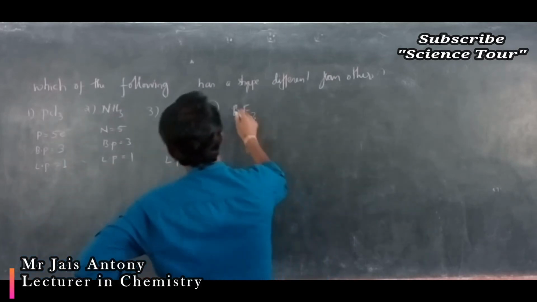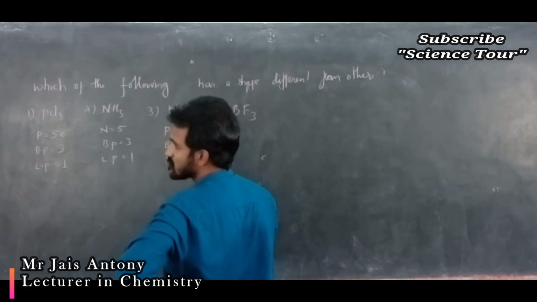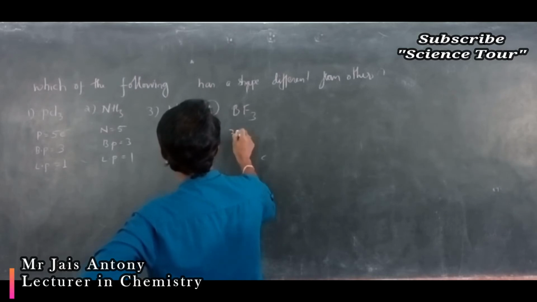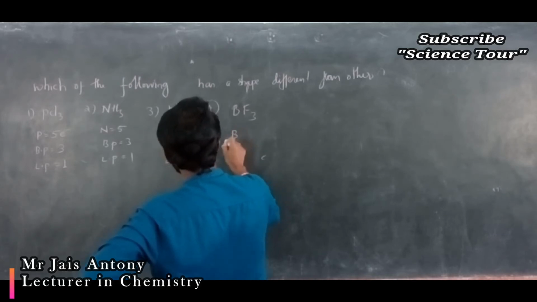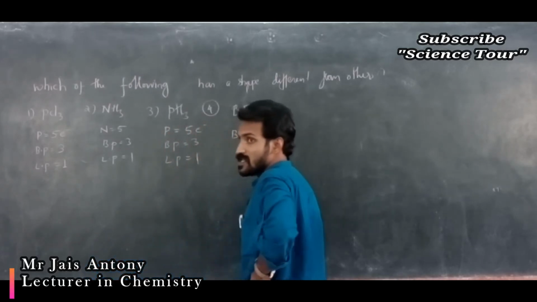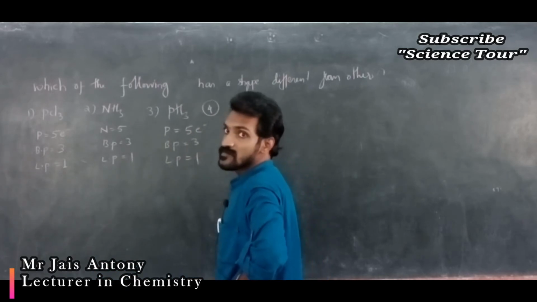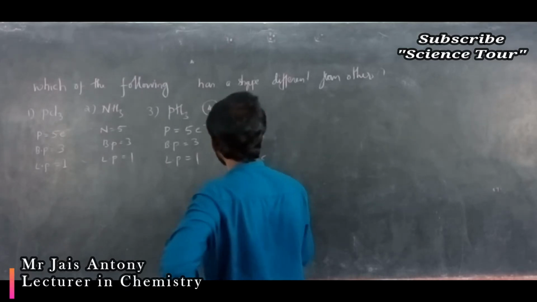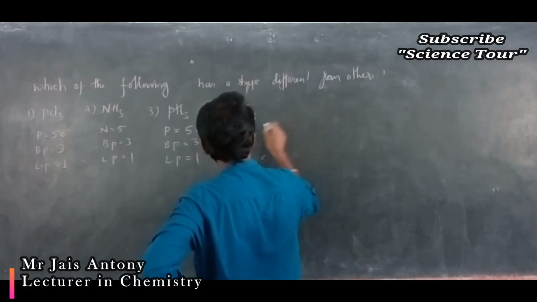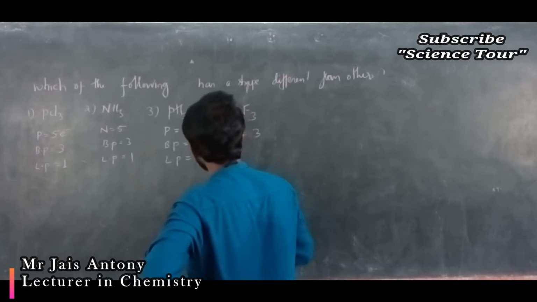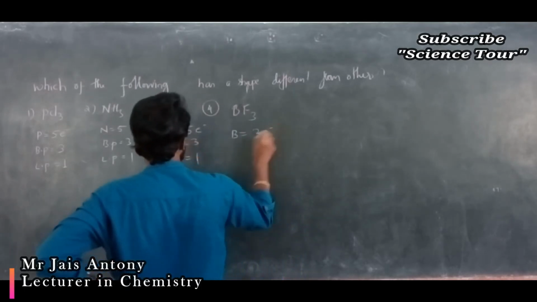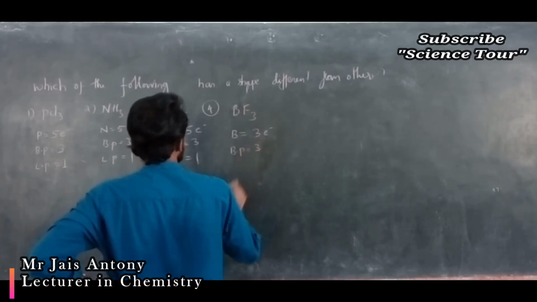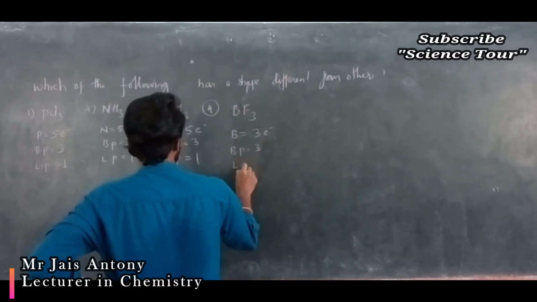Here BF3, boron, that is very important. Hydrogen, helium, lithium, beryllium, boron, carbon. Boron has 3 valence electrons, so 3 bond pairs with the 3 fluorine atoms. There is no electron left. Lone pair is 0.